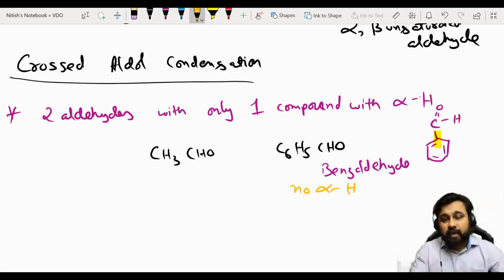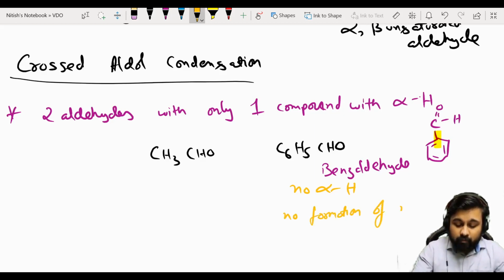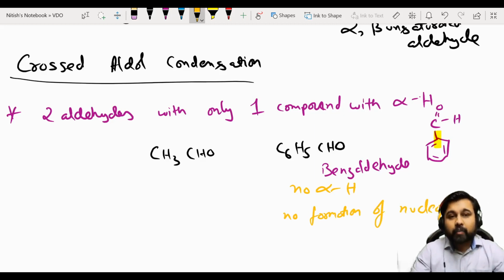Actually, not only benzaldehyde, any aromatic aldehyde has no alpha hydrogen. Whereas we know that acetaldehyde definitely has alpha hydrogen. So since benzaldehyde has no alpha hydrogen, there will be no formation of a nucleophile from benzaldehyde. It will not give one proton to an incoming base.